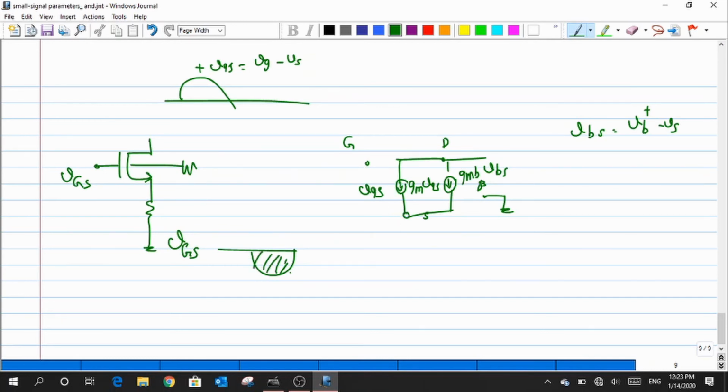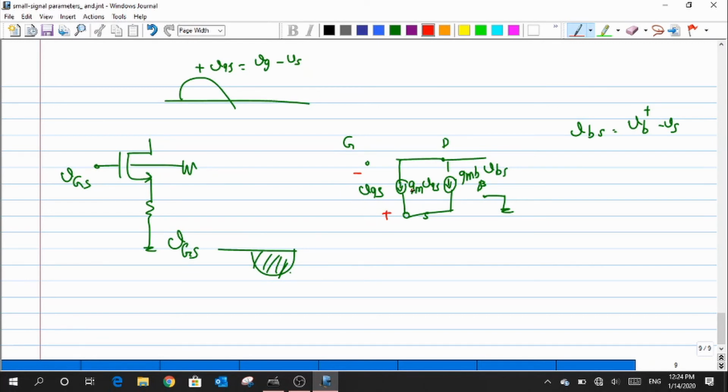Okay, so whenever there is a negative cycle, the polarity would get inverted, negative here and positive here. Now for this, how will I draw the current of GM VGS? Will it still flow from drain to source? No, because last class what I said is that this small signal current will always follow the polarity of my VGS.